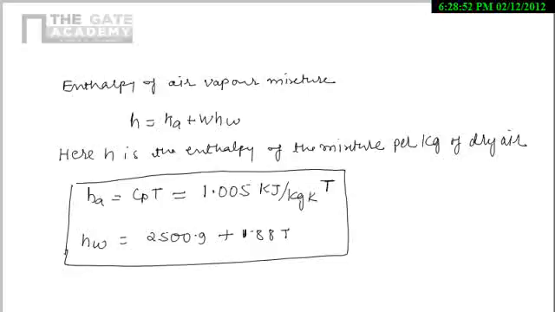But remember one thing, here we have to take T in degrees centigrade. So this is also important. For using this formula, we have to take T in degrees centigrade.